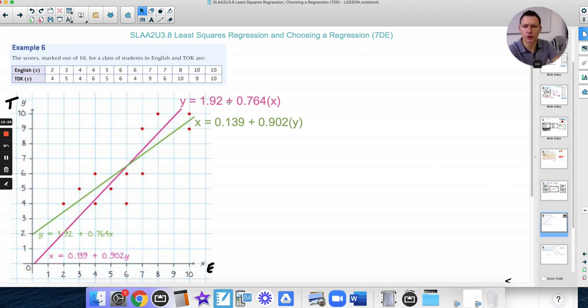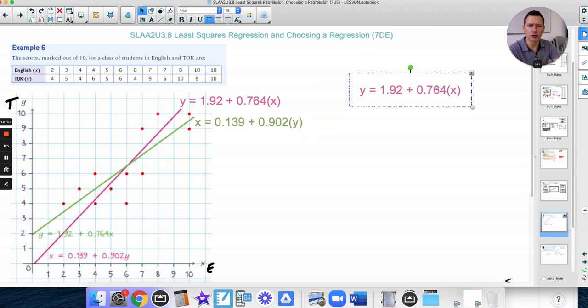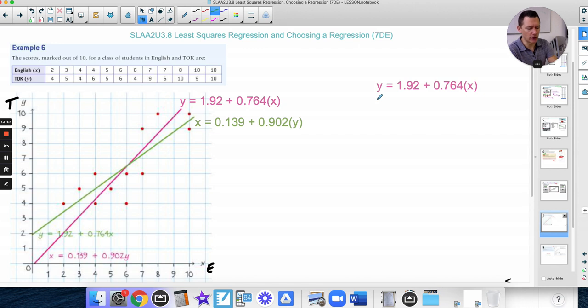One thing that I want you to notice is if you take this and you try to solve for X effectively, you don't get the same equations, right?